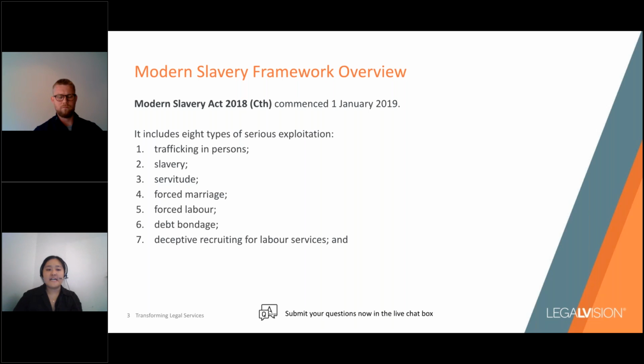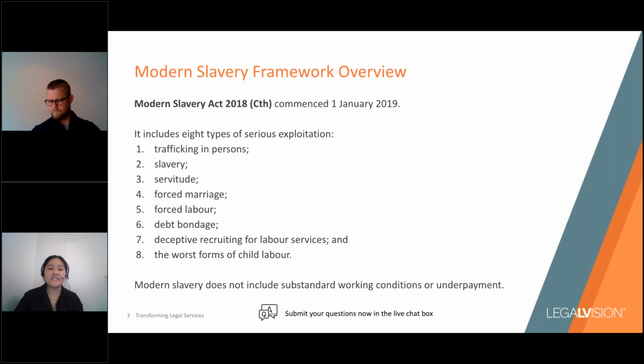Now, that definition is really only used, and the regime's really intended to capture those serious instances of serious exploitation, and isn't necessarily intended to capture practices like substandard working conditions or underpayment of workers specifically, unless those practices are particularly serious, in which case they can certainly turn into modern slavery if not properly addressed.